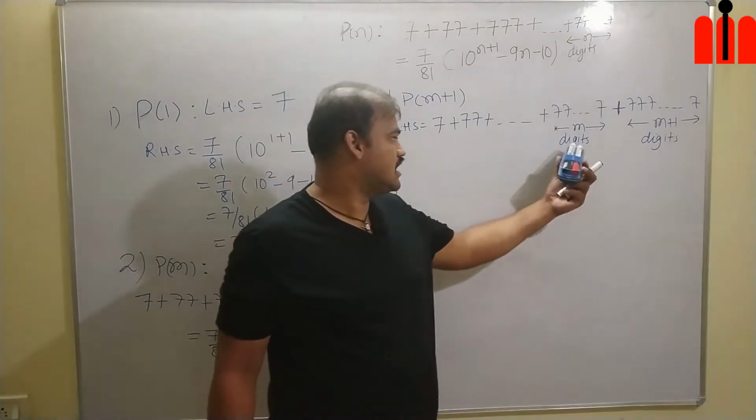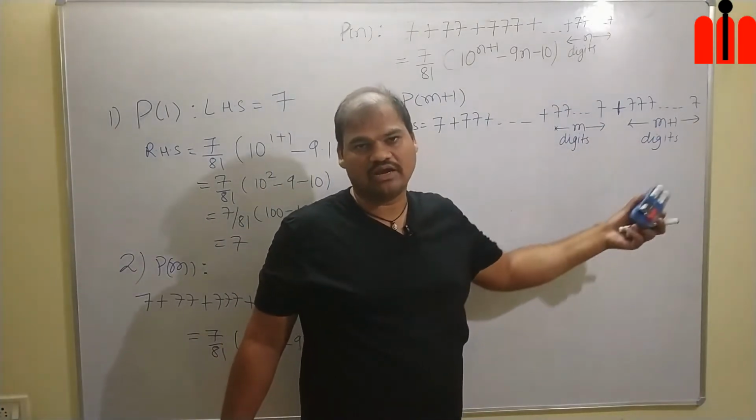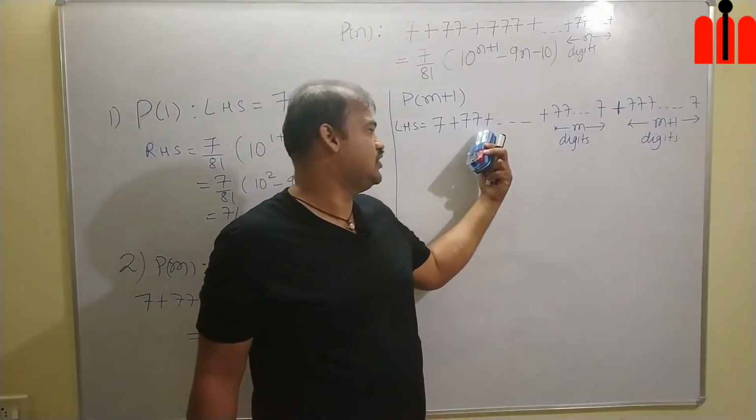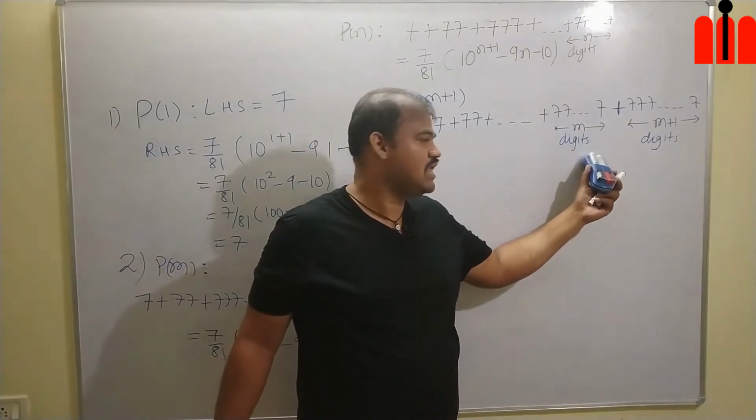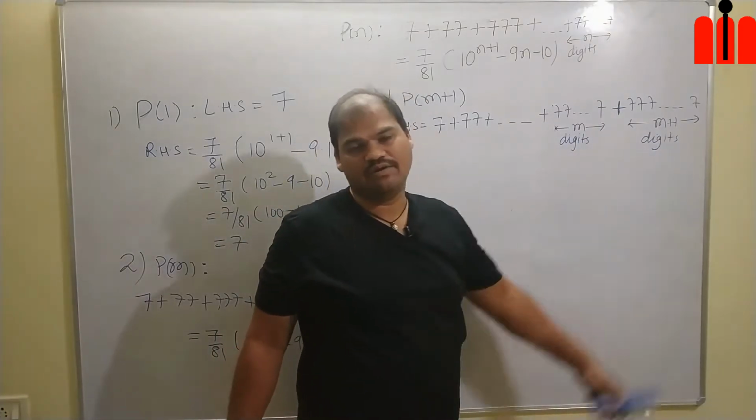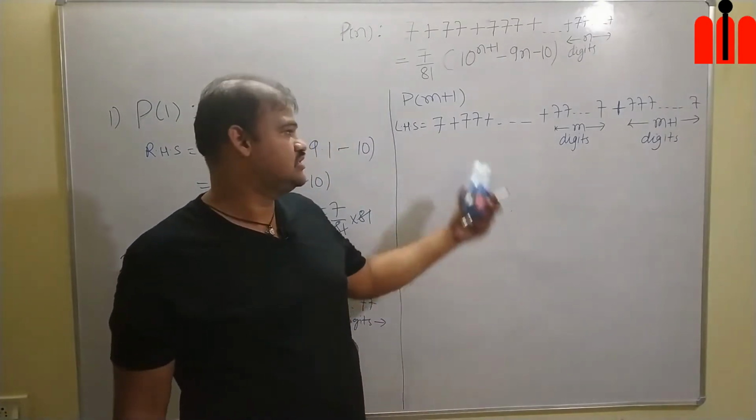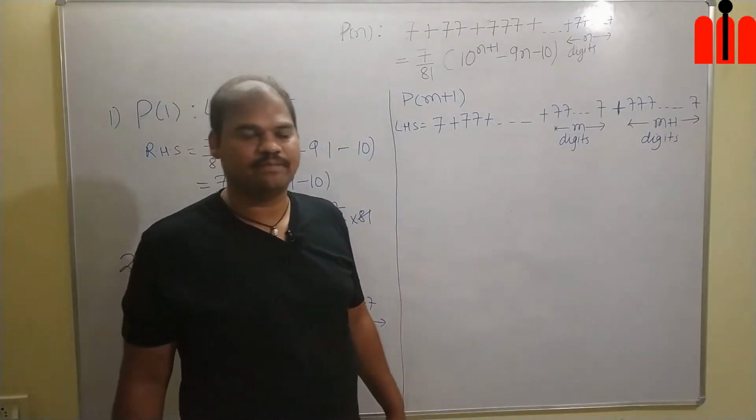It is alternate: this has 1 digit, then 2, 3, 4 like that. At last it will have m and then m plus 1 digits. This is how my LHS will look.